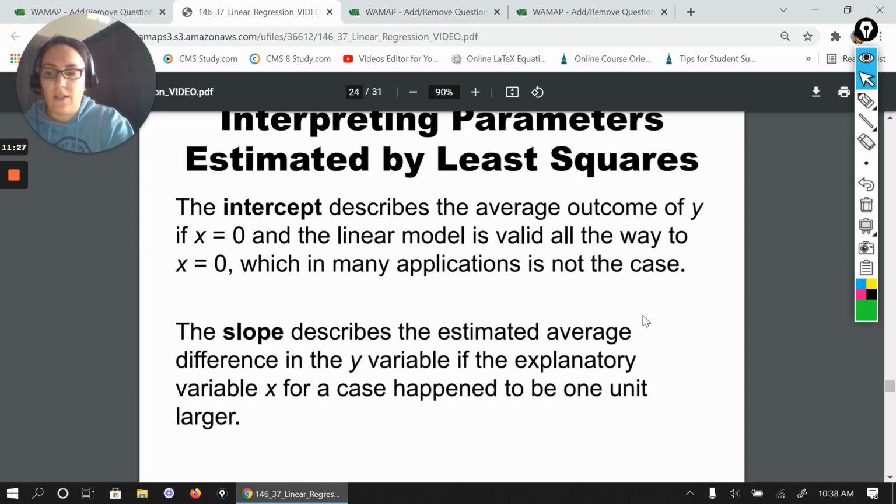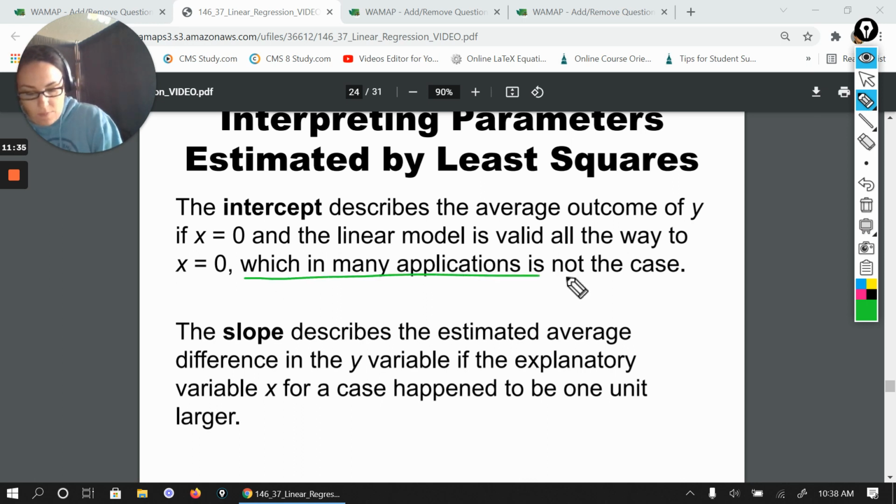And the linear model is valid all the way to x equals 0, which in many applications is not the case. So again, many times the y-intercept's interpretation will not make sense because some models don't have data that makes sense when x equals 0.